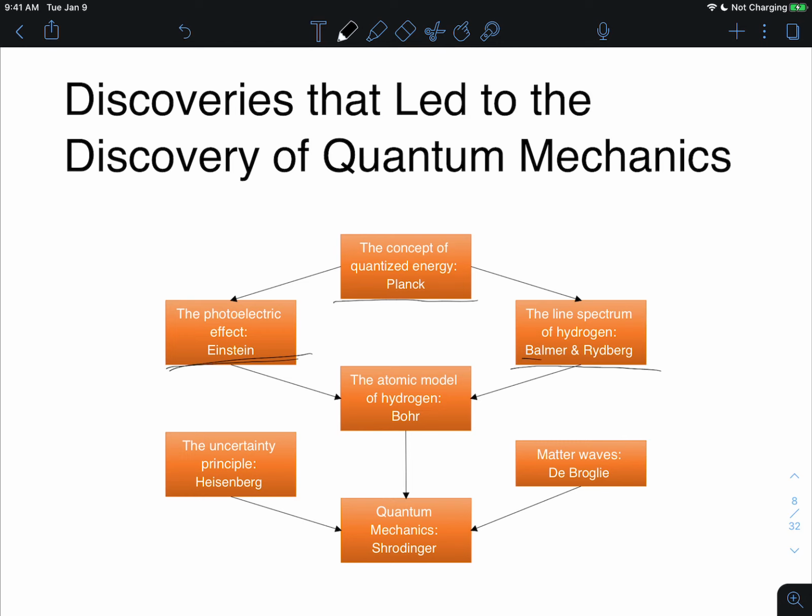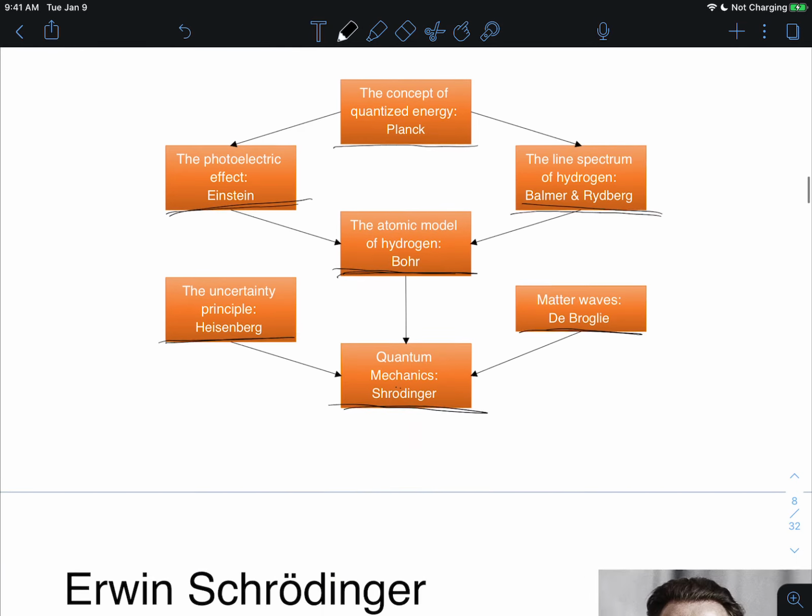Both of these things led to the atomic model of hydrogen by Bohr, and then the matter waves by de Broglie, and the uncertainty principle from Heisenberg all led to the idea of quantum mechanics by Schrodinger. He has two little dots on top. So Schrodinger took all of this and came up with the idea of quantum mechanics.